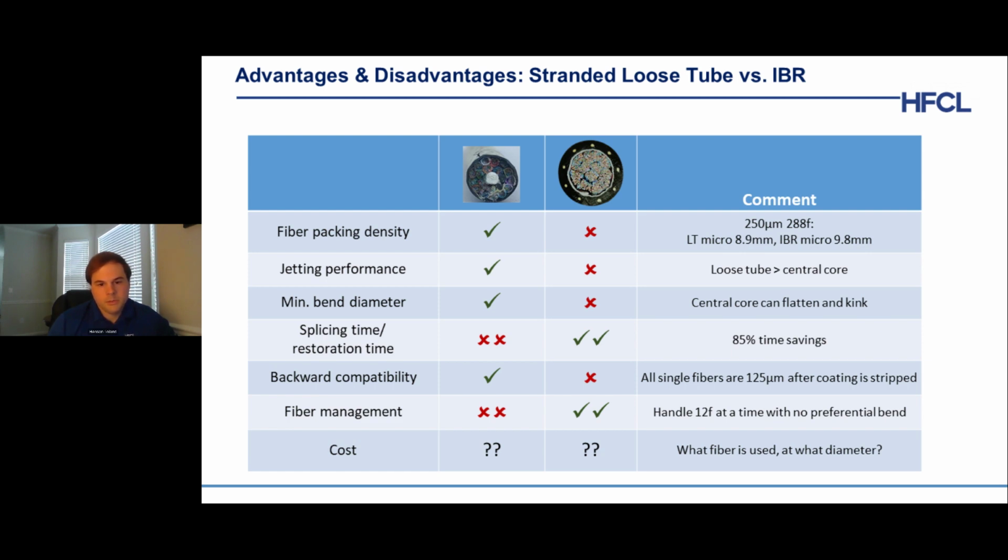And then the fiber management, the preference is on the IBR as well. And then when it comes to cost itself, it really comes down to the application, what fiber is used, what diameter. It really comes down to taking a look at this from an overall systems view.